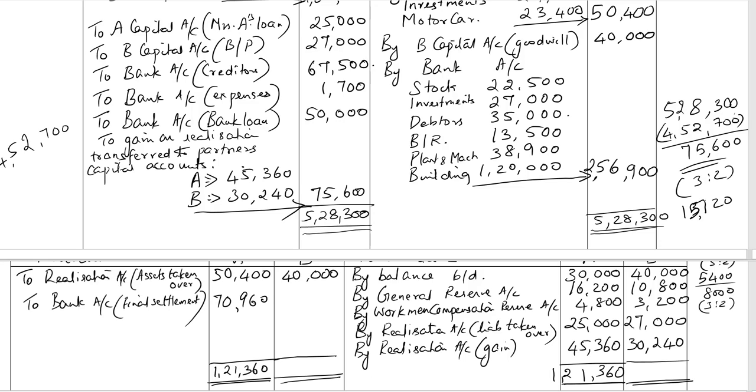The total of credit side for partner B is 1,11,240 rupees. After deducting 40,000 rupees, we get the balancing figure as 71,240.